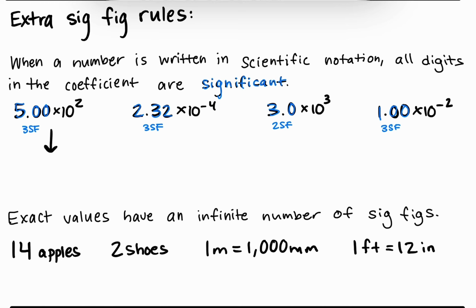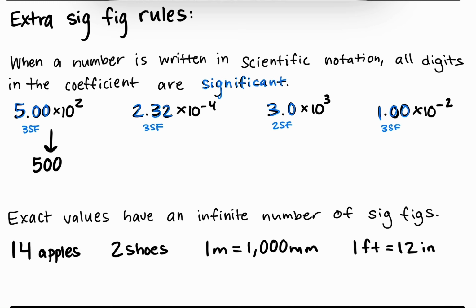If we were going to change this one into standard notation, we have an exponent of 2 and it's positive, so we need to make this number bigger. So we're going to move the decimal over 2 spaces. So this value in standard notation would be 500.